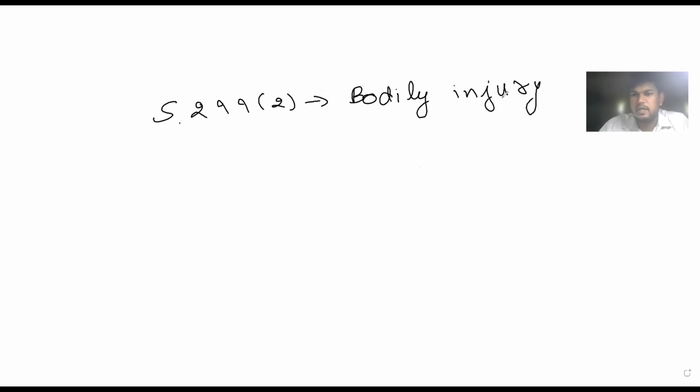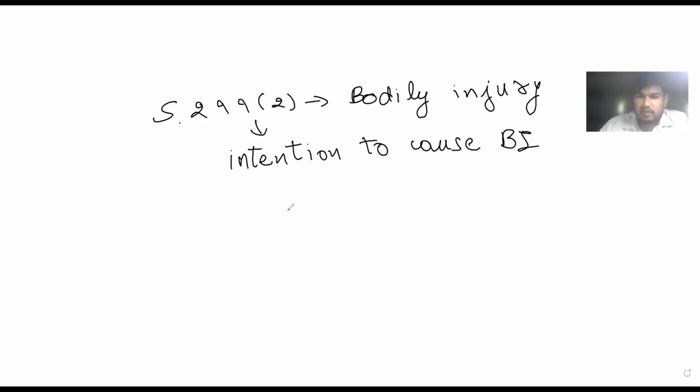Now section 299(2) basically talked about intention to cause bodily injury. It just talked about intention to cause bodily injury. I told you yesterday also that section 299(2) can be further divided into two parts, right? First, we have to examine whether the accused had the intention to cause bodily injury.